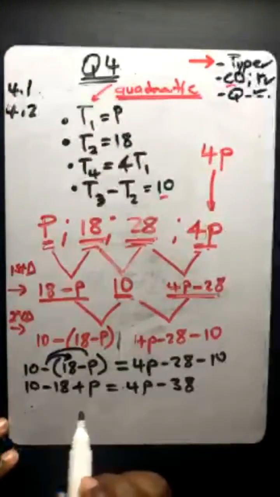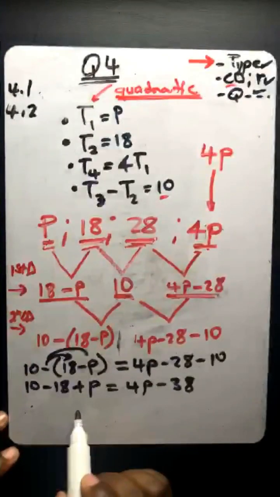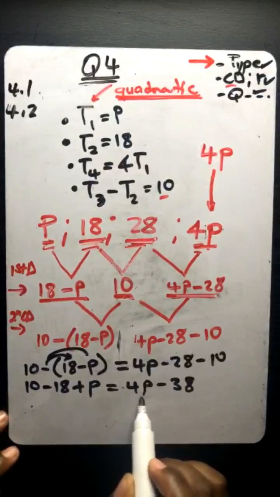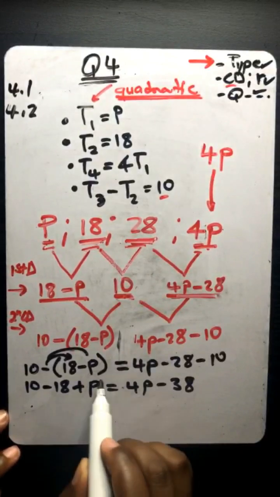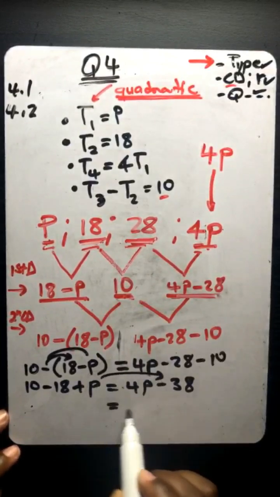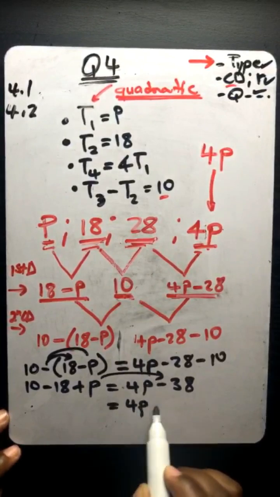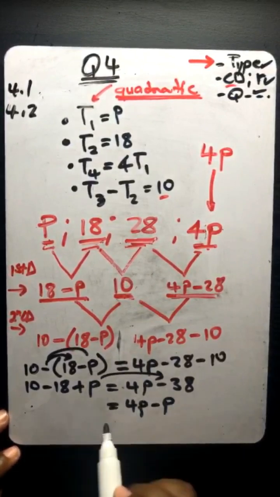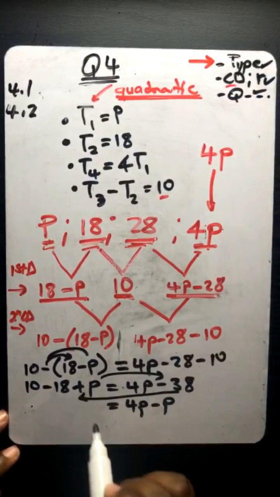Now we just want to have one letter on one side. Maybe let's take that to the other side. You have a choice to either take it to the right so that you say 4p minus that p. Then that means you will need to take this number to the other side.